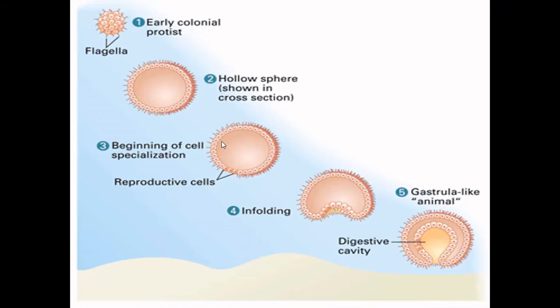So this is the hollow sphere, may space sa gitna. Then one of the protozoan cells become reproductive cells, and they created an enfolding. So sa kadami-dami, continually nag-multiply ang mga cells, nag-create siya ng enfolding.